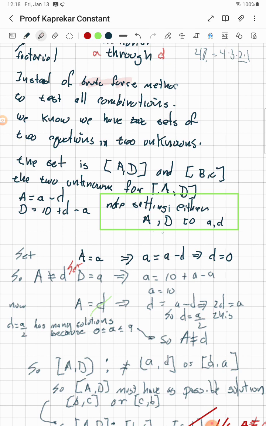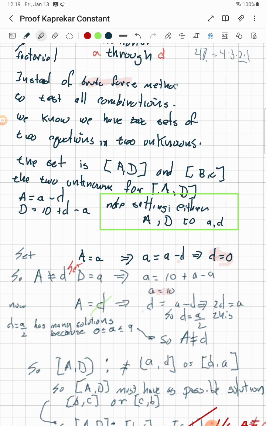And so I'm going to set AD either to little a and little d. If I do that, I'm going to have a problem here, because I'll let capital A be little a, but A minus D is little a, so that says that D is equal to 0. So if A is not equal to D and D is equal to A, then A comes out to be equal to 10 in this case.